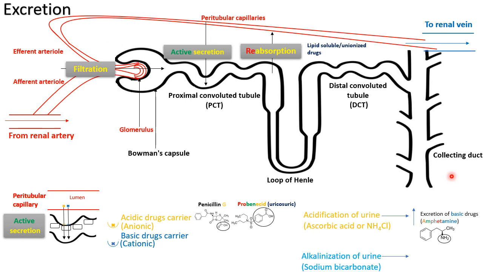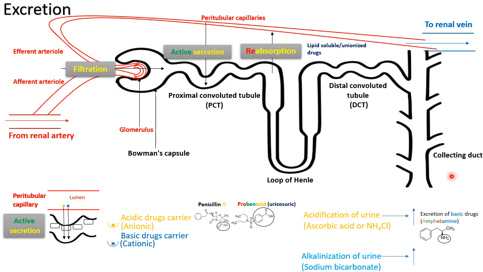So phenobarbital, or what's even called phenobarbitone, is an acidic drug that could be excreted more in urine by alkalinization of urine with sodium bicarbonate.